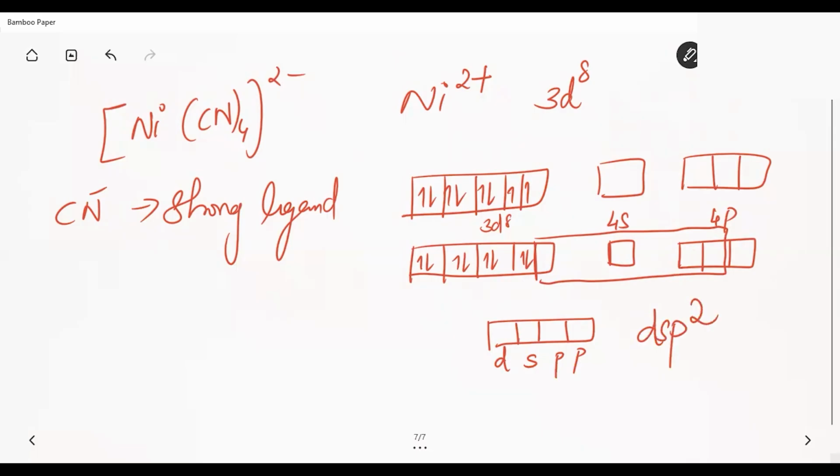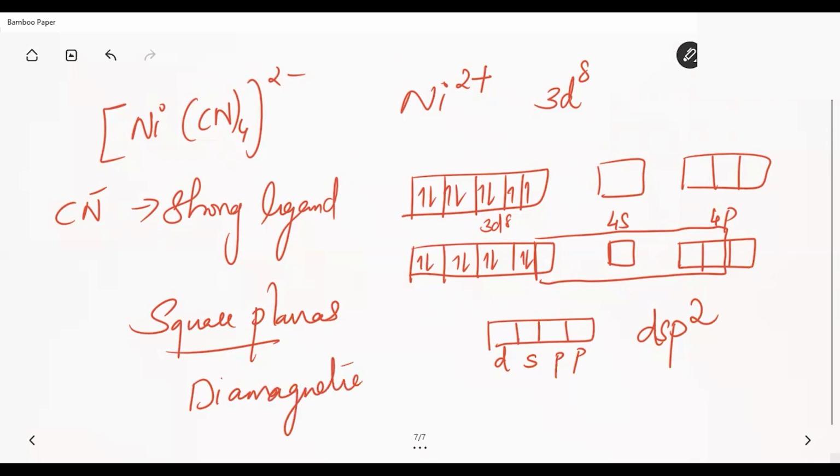Whenever you see dsp2 hybridization, this is a square planar complex. There is no unpaired electron, so this is diamagnetic. And here inner d orbitals are used, so it is an inner orbital complex.